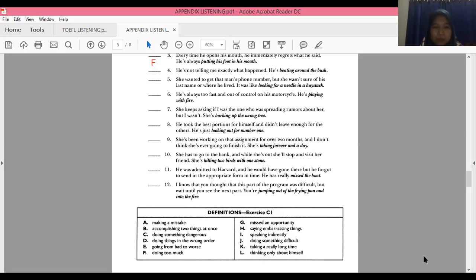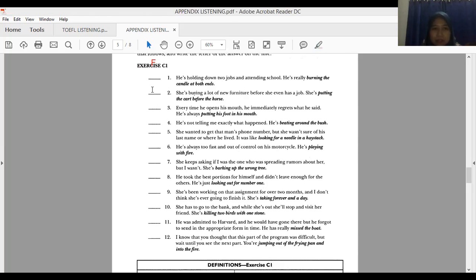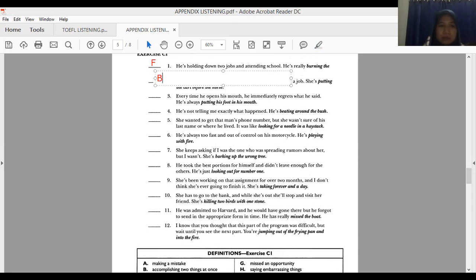Keretanya dulu sebelum horse-nya. Another answer, then B. It is delta, teman-teman. Doing things in the wrong order. It's a bit difficult to be scrolled down. Nah, ini Bravo. Jadi Bravo, delta.